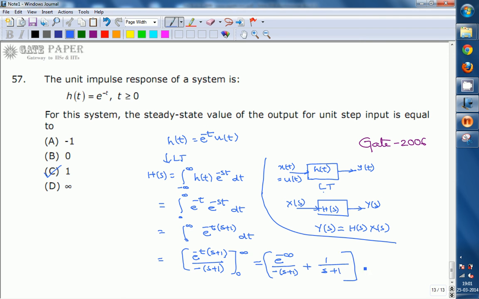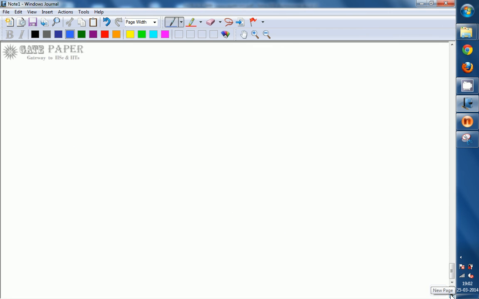We know that the e power minus infinity value is equal to 0, so it becomes 1 by s plus 1. So we have h of s equals 1 by s plus 1, and we need x of s to calculate the y of s.